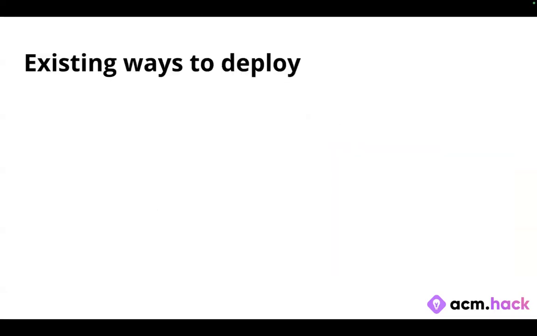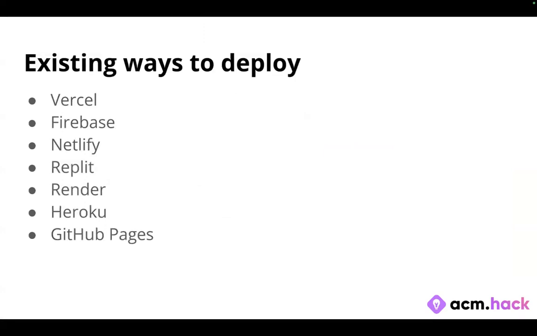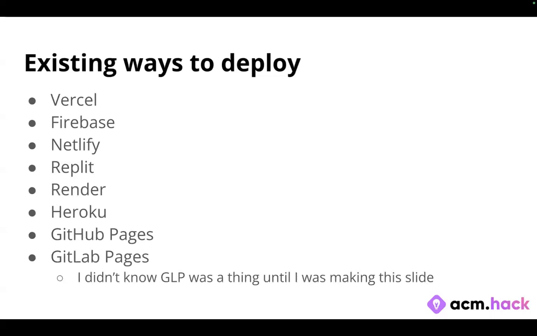Right now there are actually a lot of existing ways to deploy stuff. I don't know if you've heard of these, but there's Vercel, Firebase, Netlify, Replit, Render, Heroku, GitHub Pages, and GitLab Pages, which I didn't know existed until making this. But these are all very popular and valid ways to deploy a site.